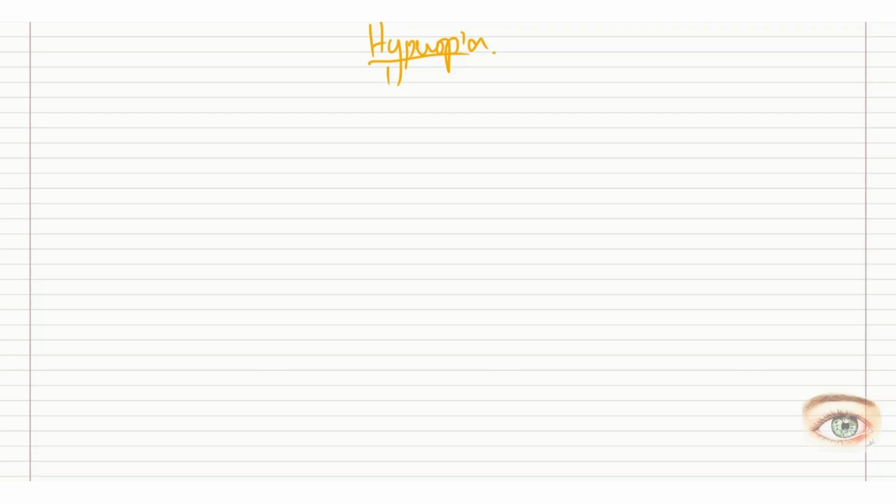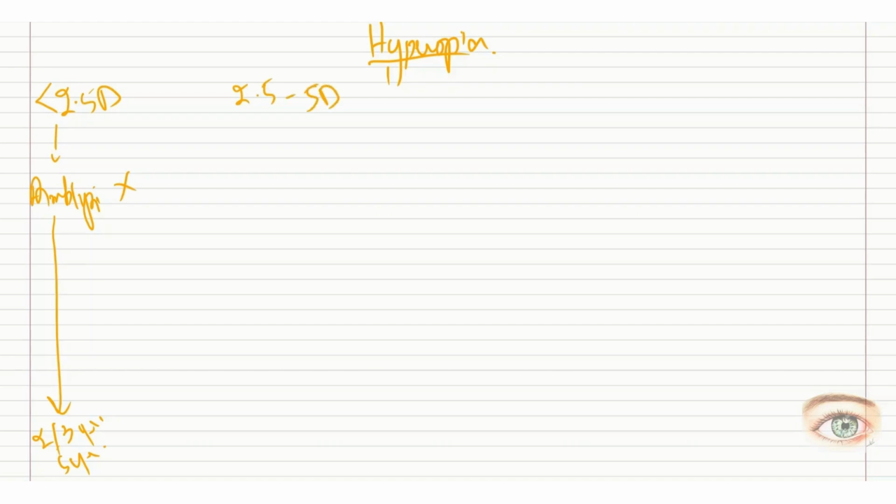So if the hyperopia is less than 2.5 diopter, amblyopia is not a concern, and we are going to reevaluate the patient at the age of 2 to 3 years or at the age of 5 years, right? Now, if the hyperopia is 2.5 to 5 diopter, right?